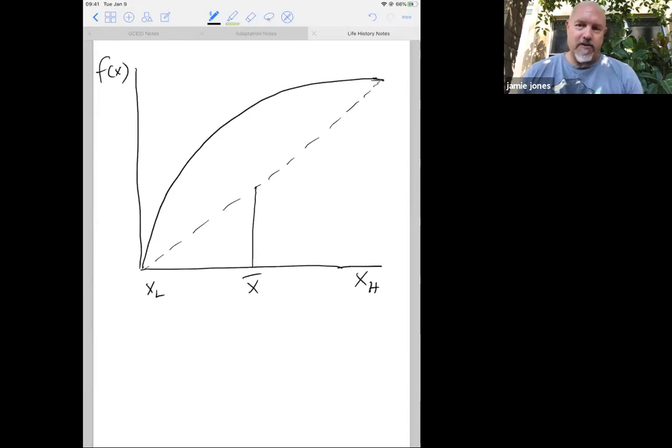because we're assuming a coin flip, a 50-50 chance you get either x_h or x_l.